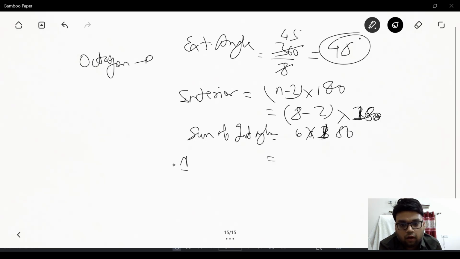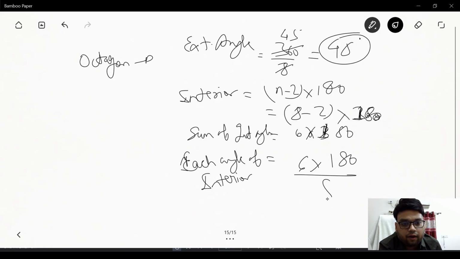So each interior angle will be equal to 6 into 180 divided by 8. Now what will be the result? 2 threes, 2 fours, and cancelling 4 and 5, we get 45 cross 3, which is 135 degrees.